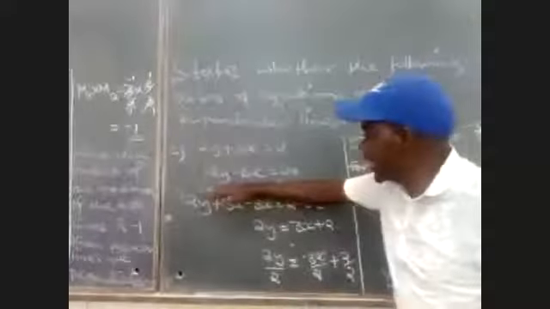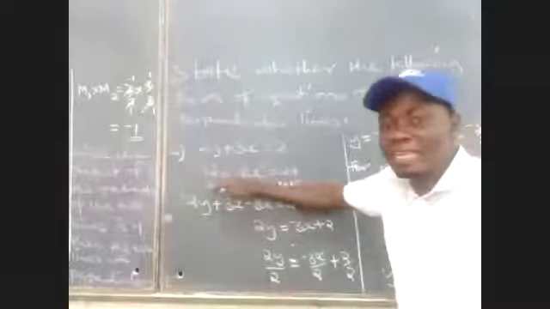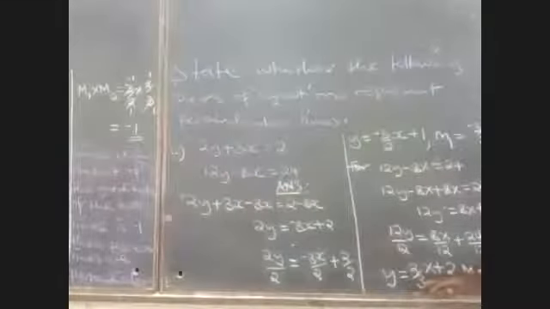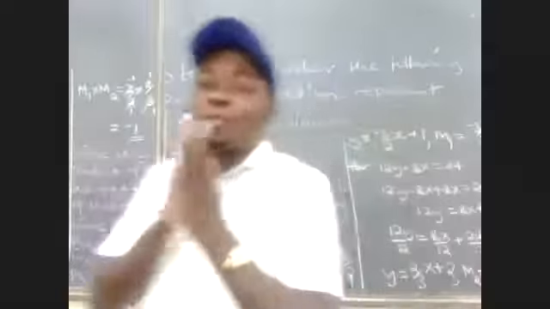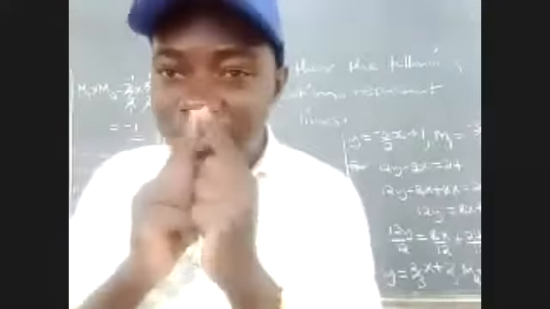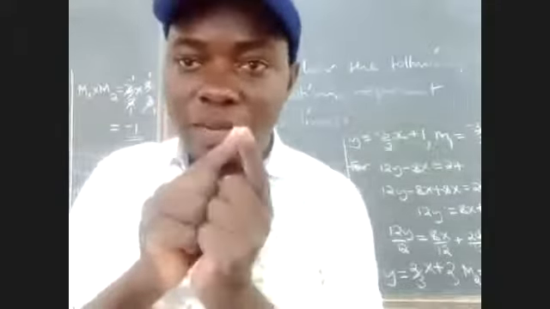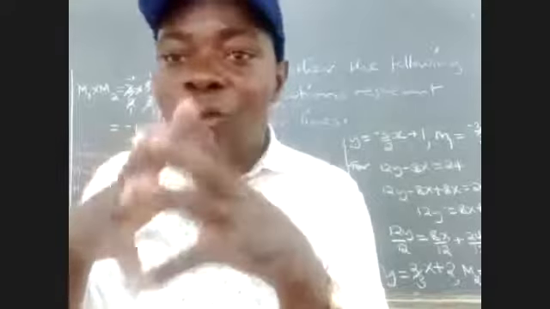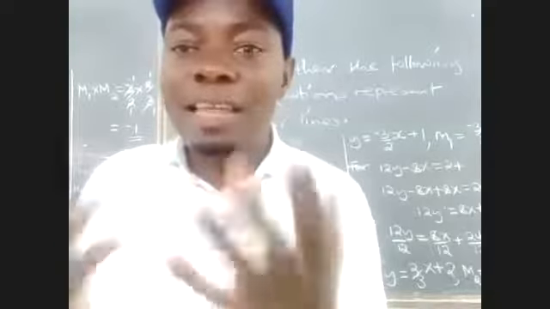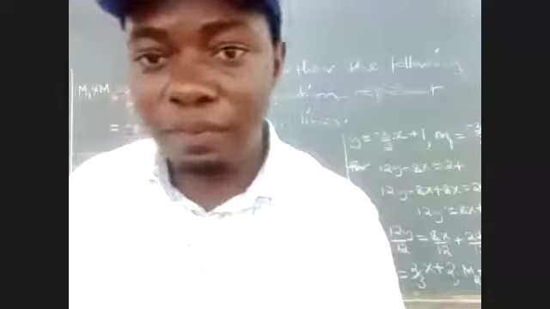Go to the second line and do the same. Write it in the form y is equal to mx plus c. There you can put the m, which is the gradient, and it is 2 out of 3. After that, you multiply those two gradients. If the product of those gradients is -1, then the lines are perpendicular. If the product is not -1, then the lines are not what? Perpendicular.